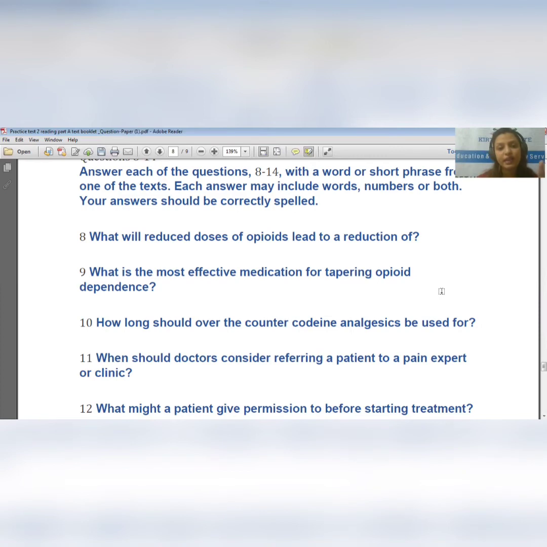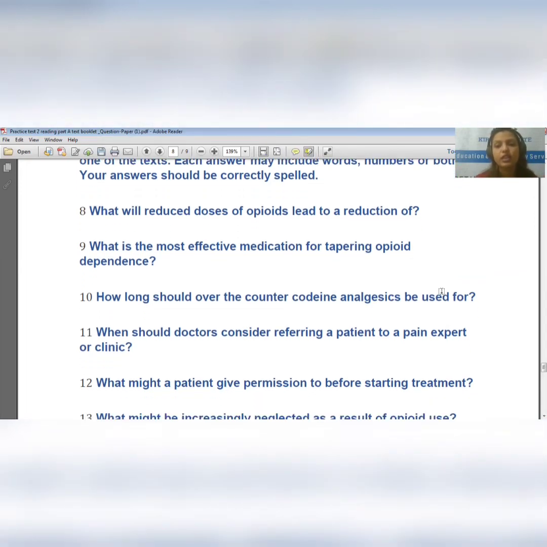It will be in the middle portion of your Reading Part A, where you may think that you still have time and try to search for the answer. You are wasting your time without getting the answers. So you can just skip it at the moment. At last, if you have time, you come back and approach the question. If a question is taking a long time, leave it at the moment.